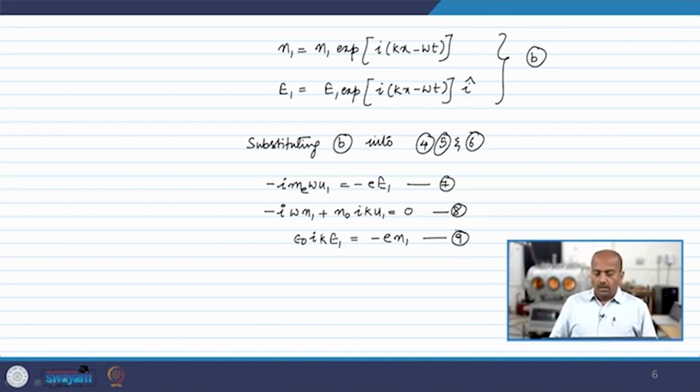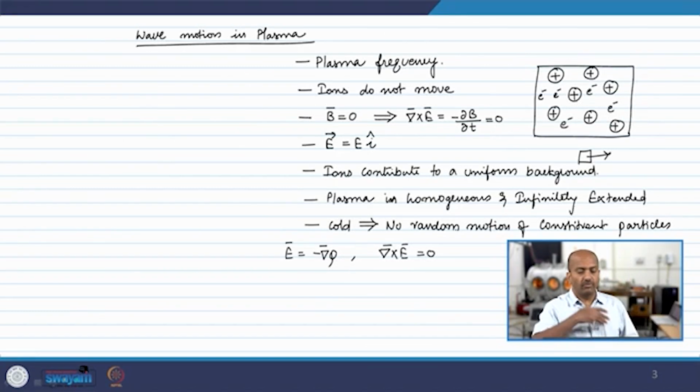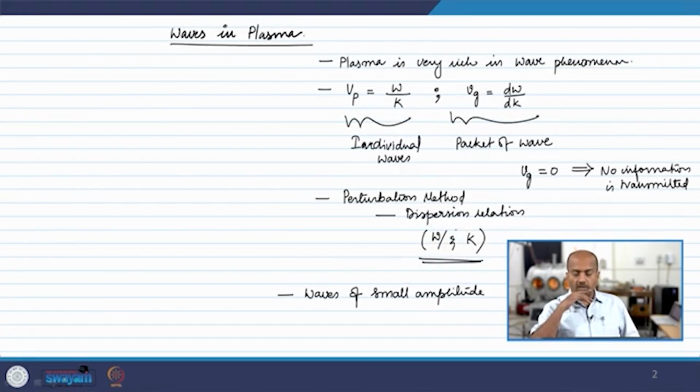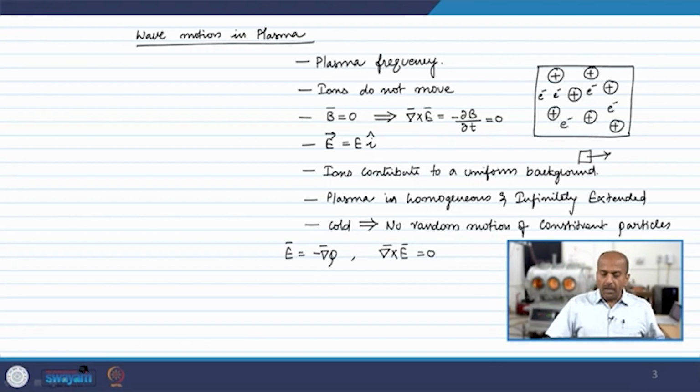So, what we have done so far, just a recap, is that we have understood that plasma facilitates several different types of wave motions. We have understood what a wave is and how to characterize a wave. We have defined what a phase velocity and a group velocity are.